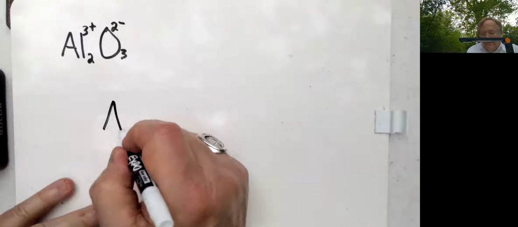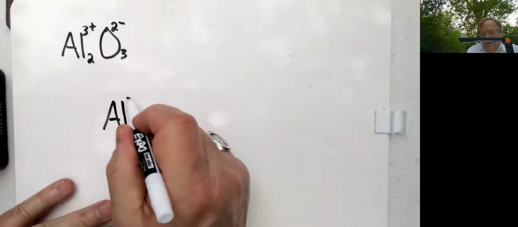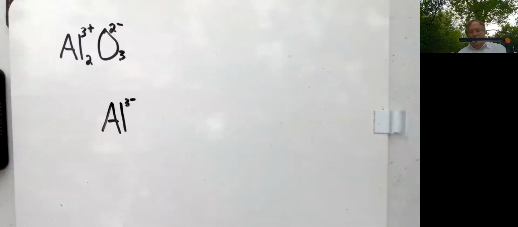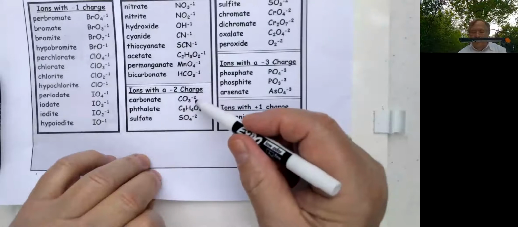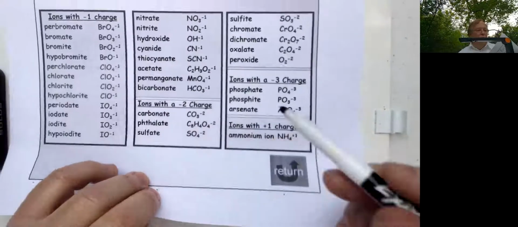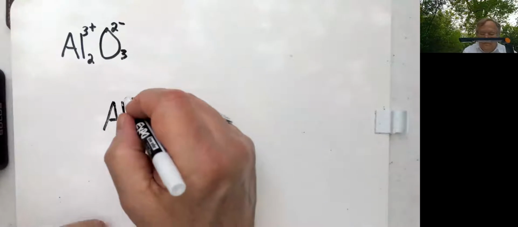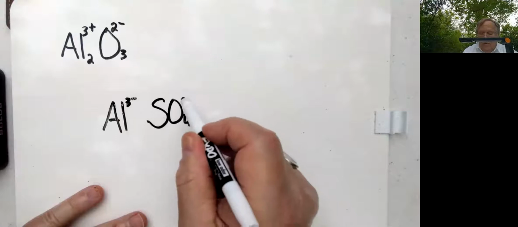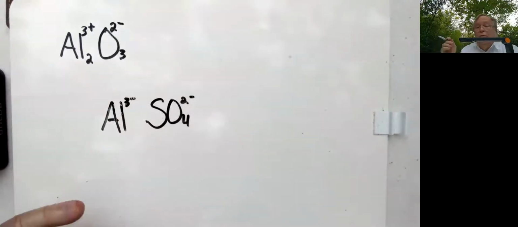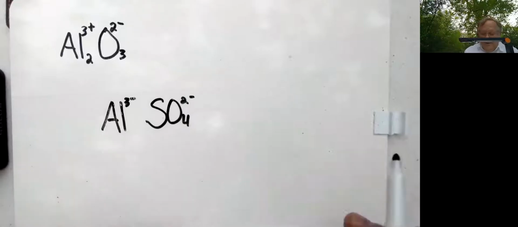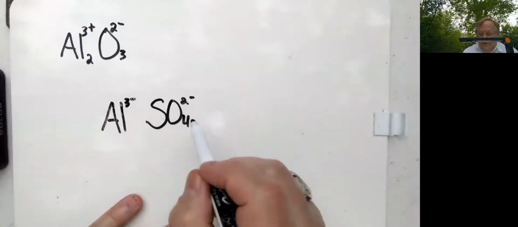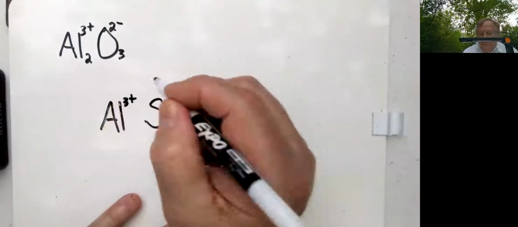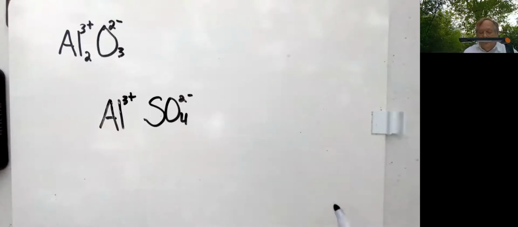So when we have something that's +3 with a polyatomic ion like carbonate or sulfate. Sulfate's a real common one. SO4. See, if you ignore that 4, this is going to get really kind of mixed up. But here's our +3 and our -2.